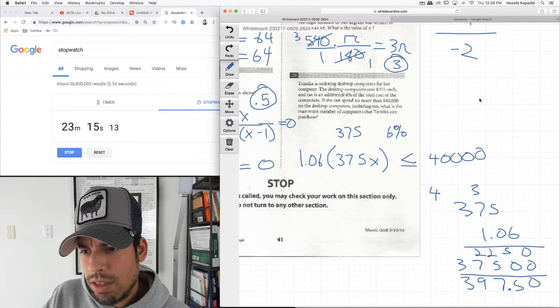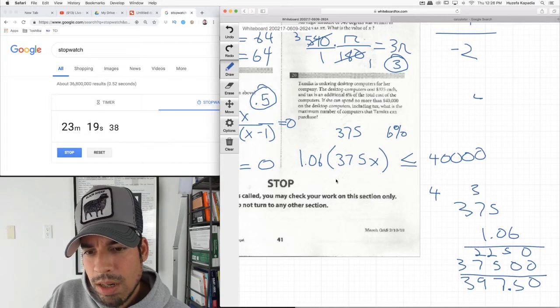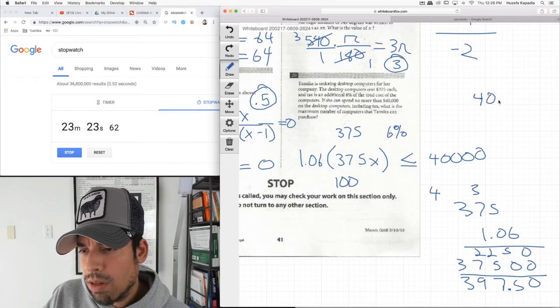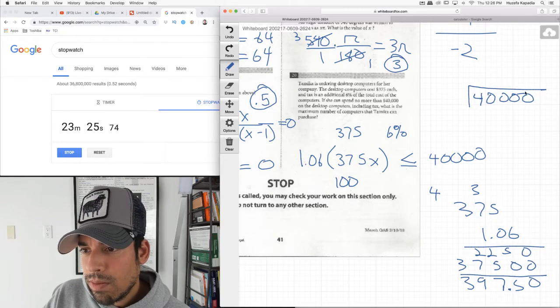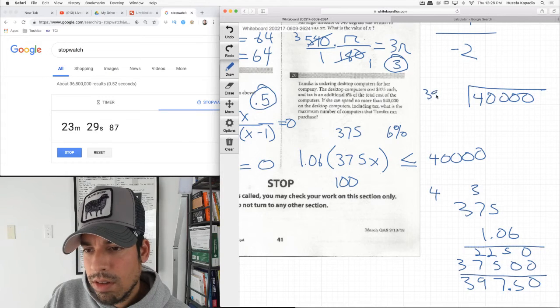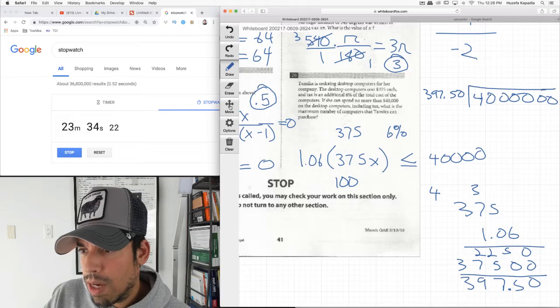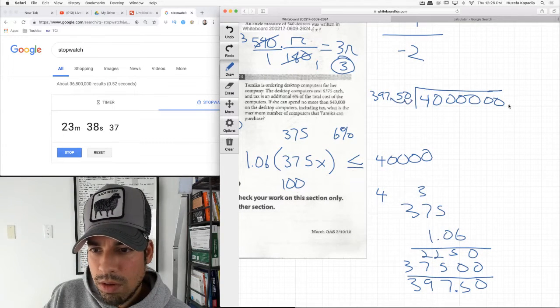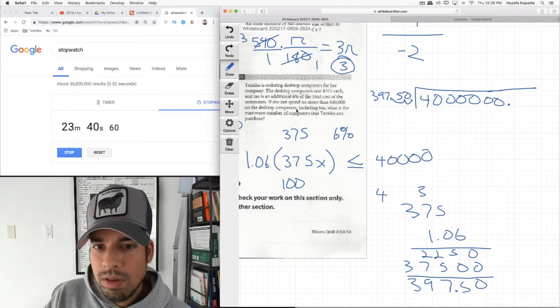I think the answer is about 100, but it might be 101, so I have to double check. 397.50. This is just really bad. I don't normally see this. There's my decimal.